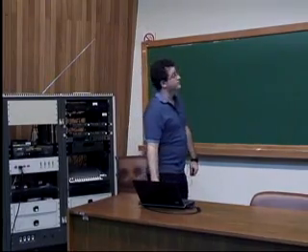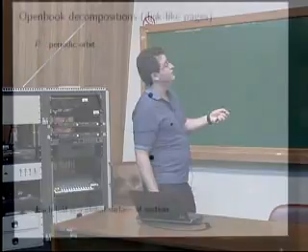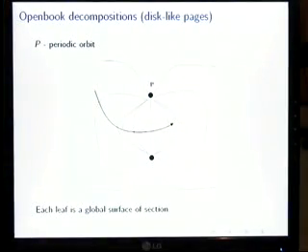If you have this periodic orbit here, represented by these two dots in a transversal cut, you have a foliation in the complement of the periodic orbit in S3, and each leaf of this foliation is given by a global surface of section.